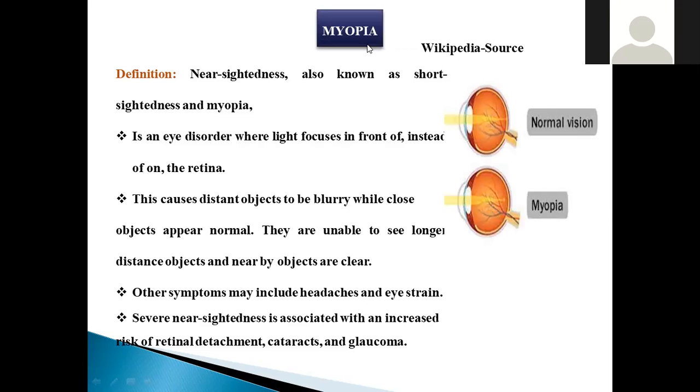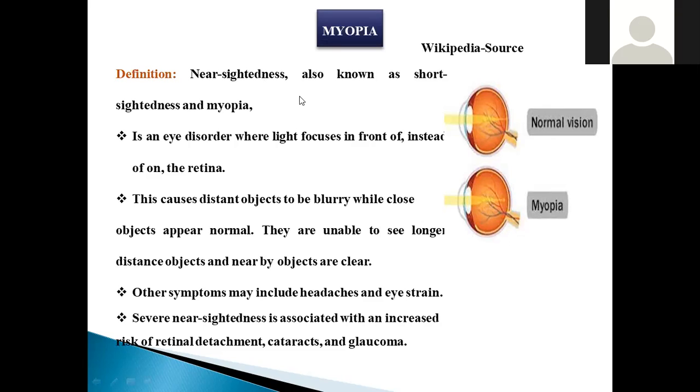First is myopia. Myopia means near objects are clearly visible. The objects which are far away, any kind of print, any alphabets, cannot be visualized if they are far from the human eye.